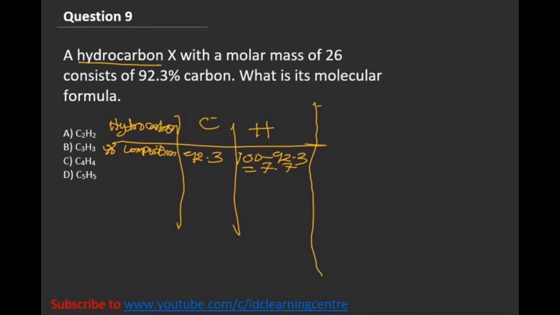Before we get the mole ratio, we need the relative atomic mass of carbon and hydrogen. The relative atomic mass of carbon is 12, hydrogen is 1. So we find the mole ratio by dividing the percentage composition by the relative atomic mass.